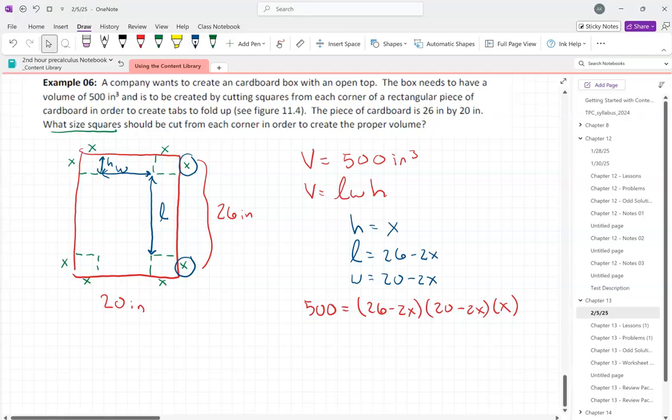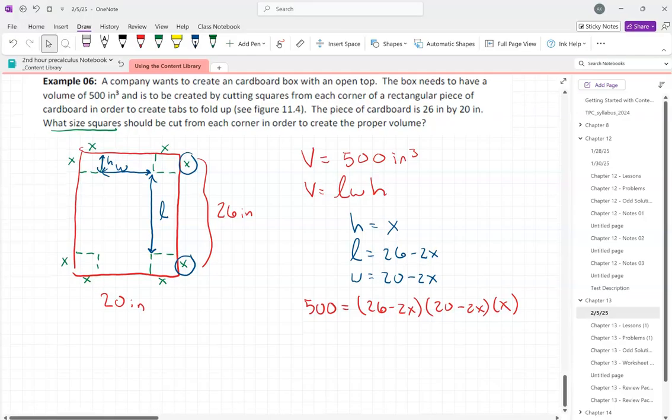Now to solve this, if I really wanted to, I'd have to FOIL this thing out, subtract the 500 over, and then run through that factoring tree, hoping that it's actually something factorable, right? I don't want to do that. That sounds like a lot of work and something where I'm not guaranteed to be able to do the problem anyway.